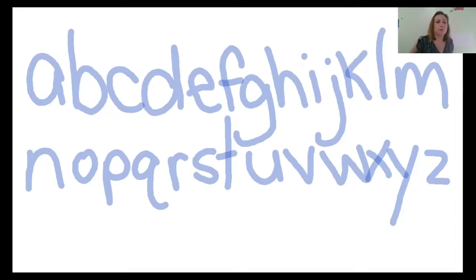And check your letter formation. Make sure your letters that go down below the line hang down below, and your letters that are tall hit the top and bottom line. Nice job.